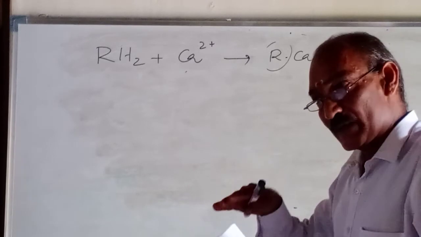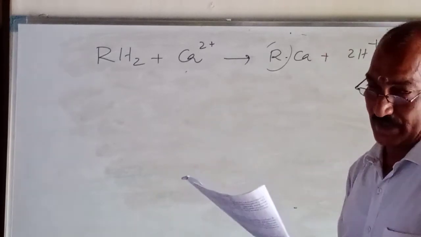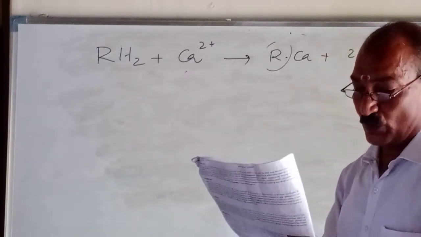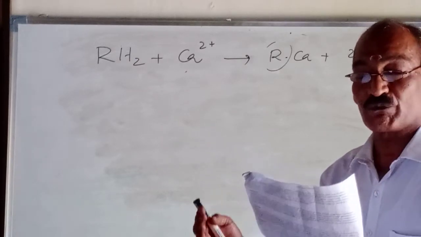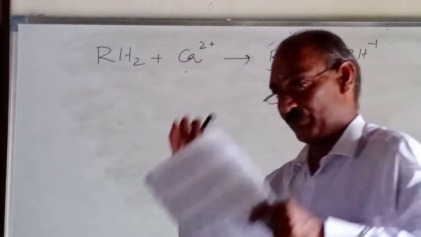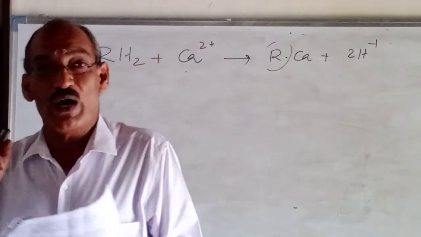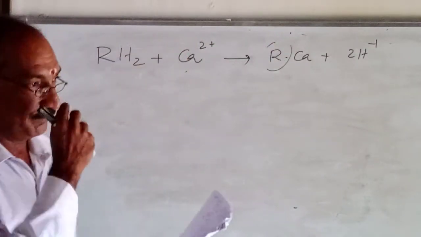Suppose we are passing 1 liter of water through the ion exchange resin, and after passing through RH2 the pH of the water becomes 3. If so, what is the hardness of water?